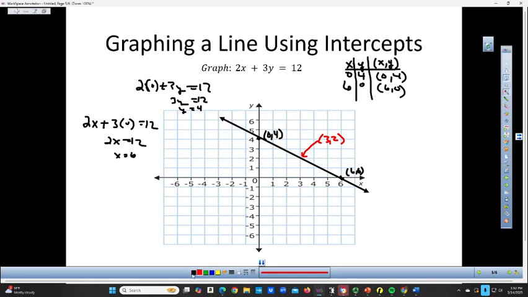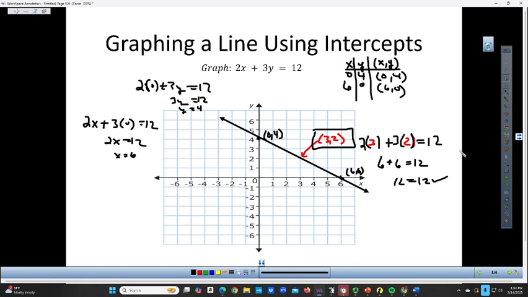So I would just say 2 times 3 plus 3 times 2, because those are my x and y coordinates according to this ordered pair, is going to equal 12. 2 times 3 is 6 plus 3 times 2 is 6 equals 12. Therefore, 12 on the left equals 12 on the right. Therefore, I know that this is an ordered pair that satisfies this equation.